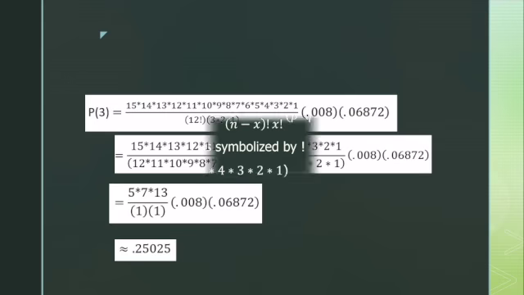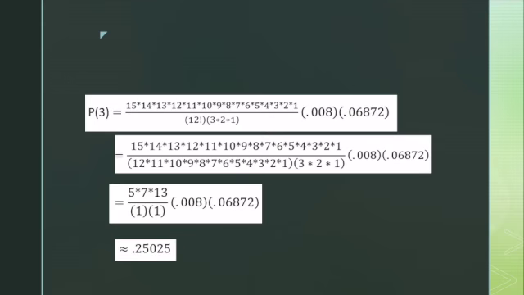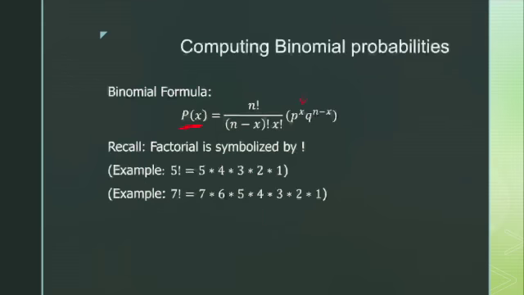So here, let me go back. In our case, I'd have 15 factorial over 15 minus 3 factorial, 3 factorial times P cubed, Q to the 15 minus 3.